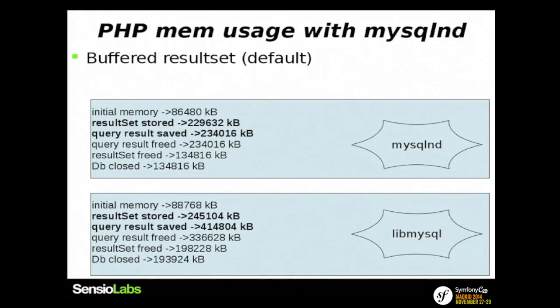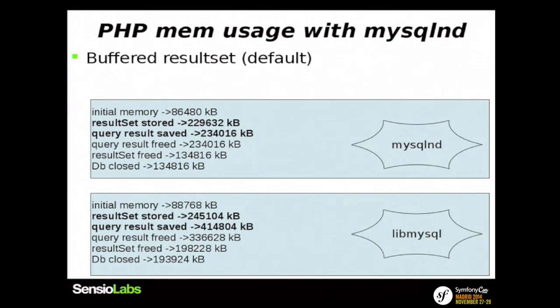This is an example. When I use mysqlnd for the same queries we just saw a few slides ago, you see that when the result set is stored and I start fetching it, there is only a little bit of memory growth.